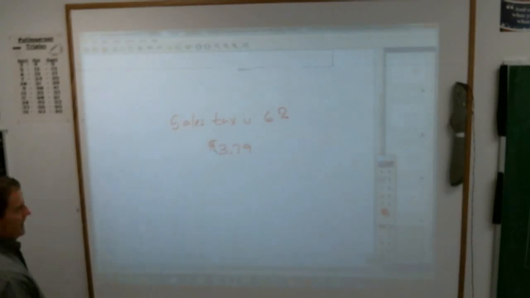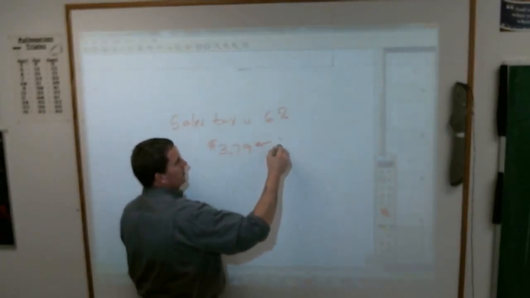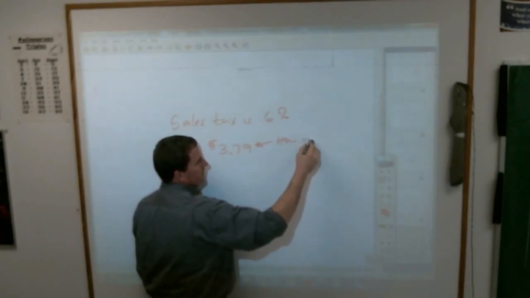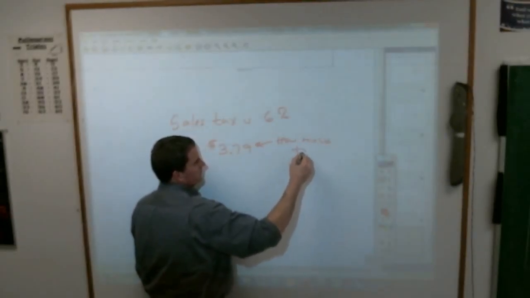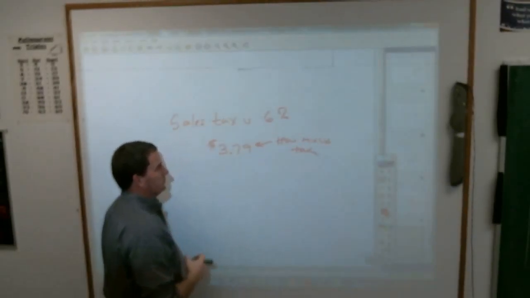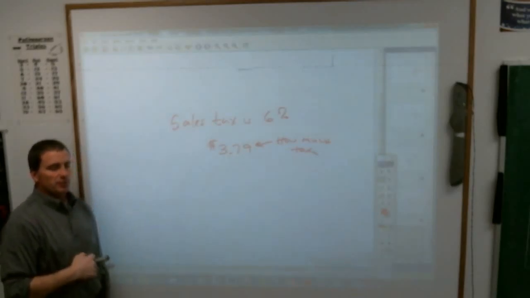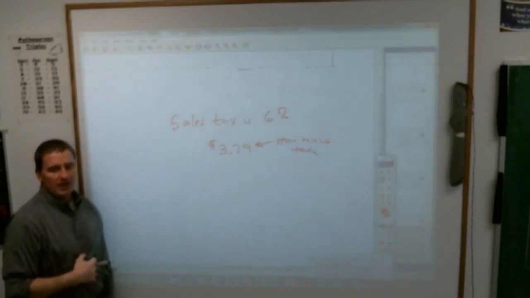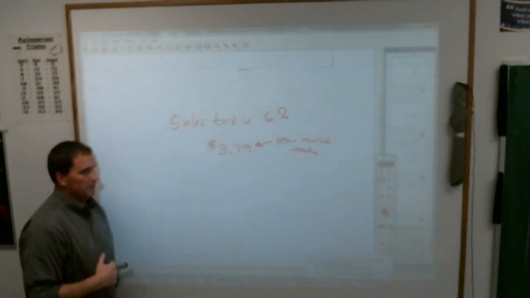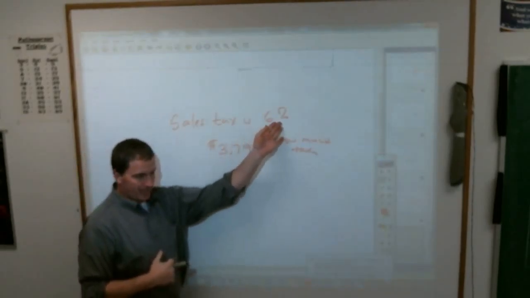How much is the tax on that? How much tax will you pay? If you remember, I told you anytime it comes to tax and tip, what are you going to do? What mathematical operation? You will multiply because it is 6% of that.